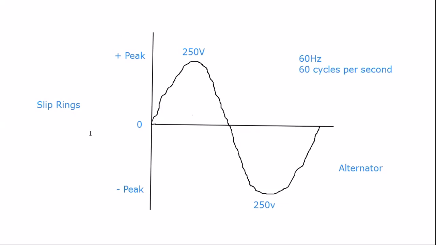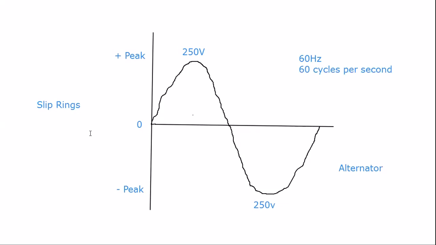The purpose of the slip rings: the slip rings connect to the armature coil, but they also reverse the connection every time the voltage changes direction.